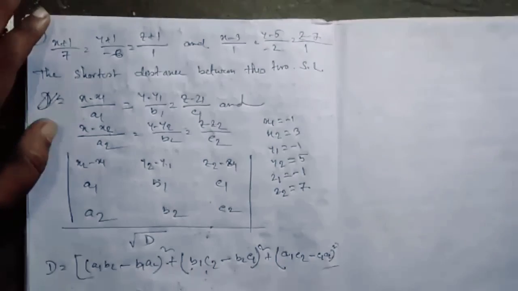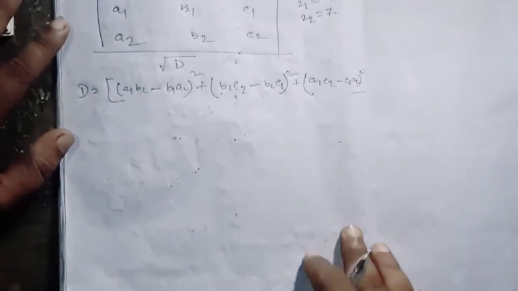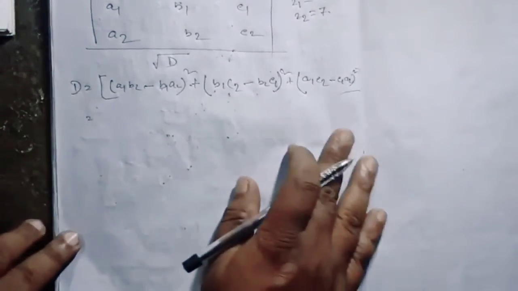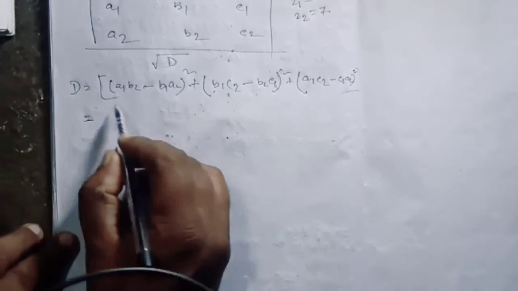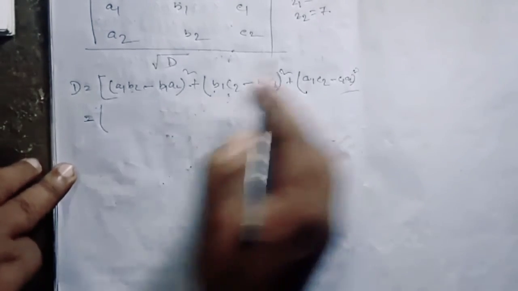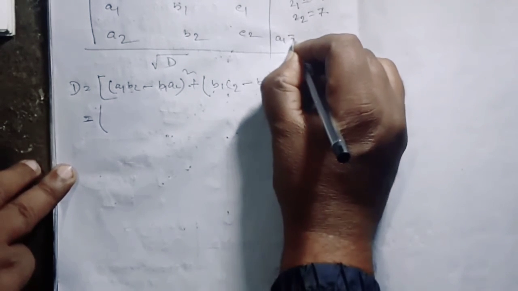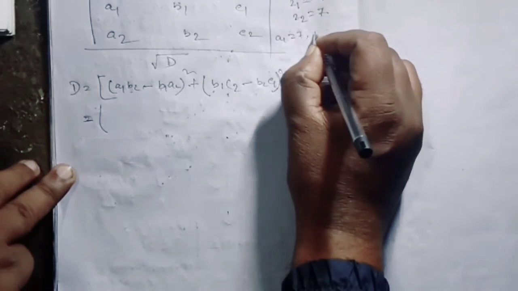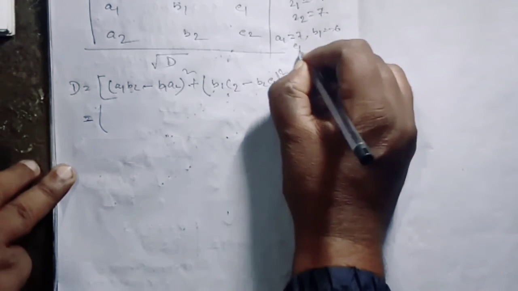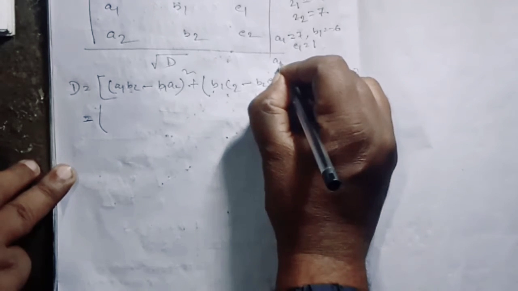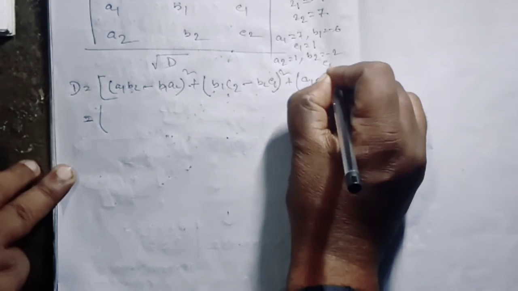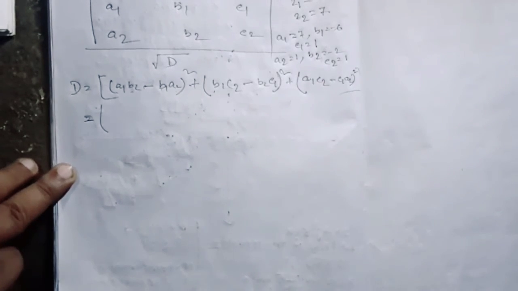So all the values we have. Now a1 equals 7, b1 equals minus 6, c1 equals 1, a2 equals 1, b2 equals minus 2, c2 equals 1.